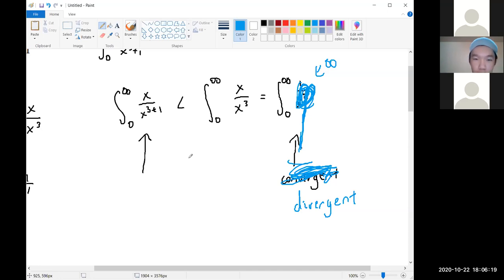What's the p-value? In the original, it's x to the power of 3, so maybe we could use that 3, and 3 is greater than 1, so we know that it converges. I think you're using another technique, but I don't think that's the process for the comparison test.